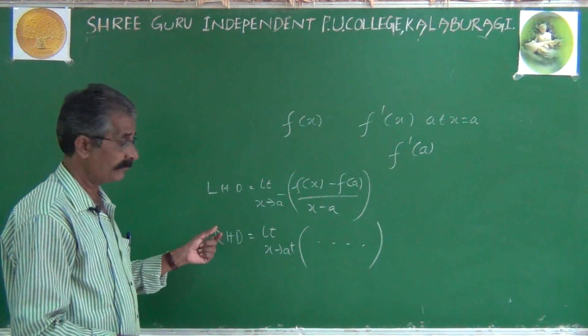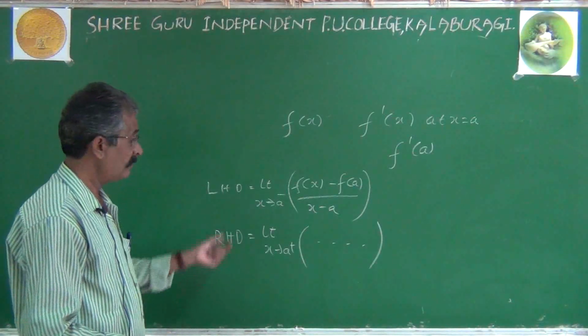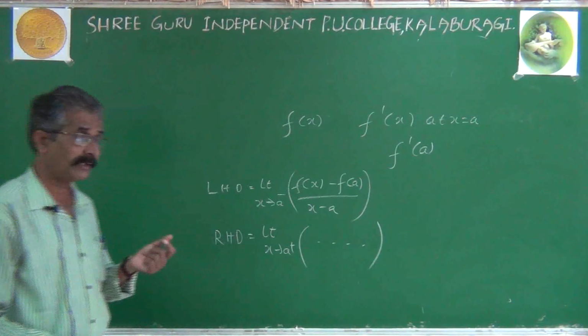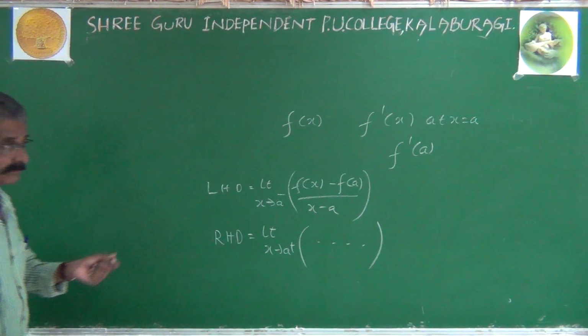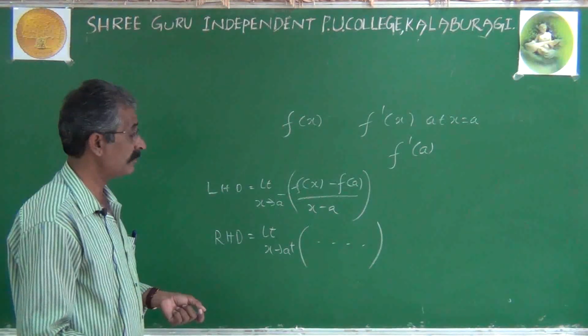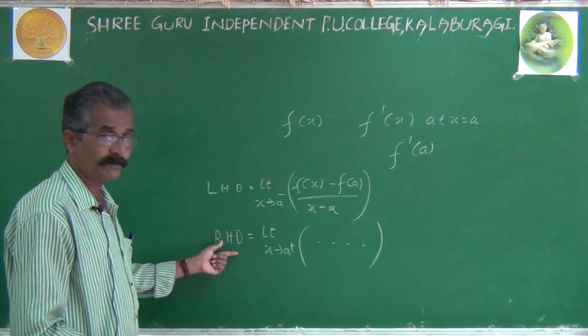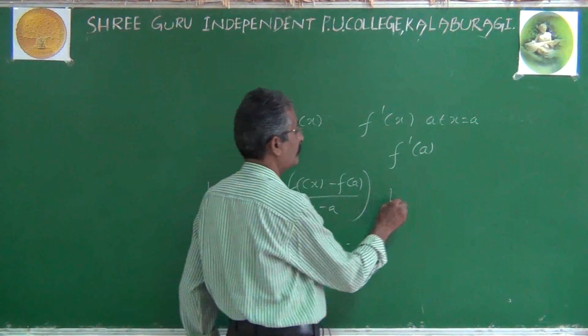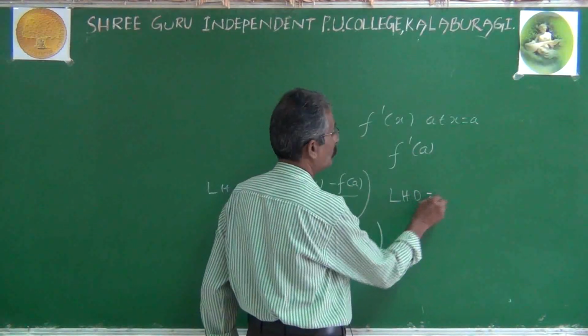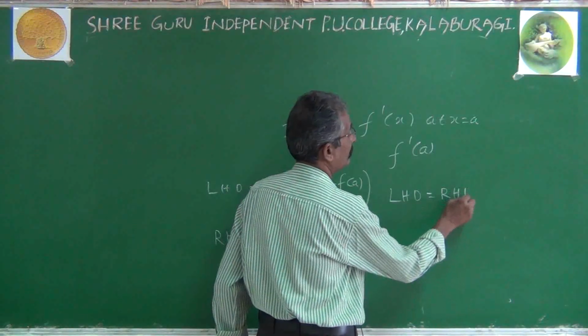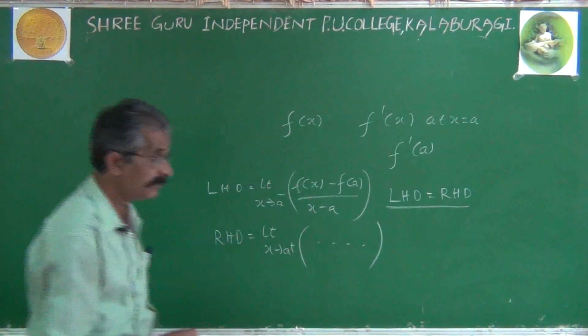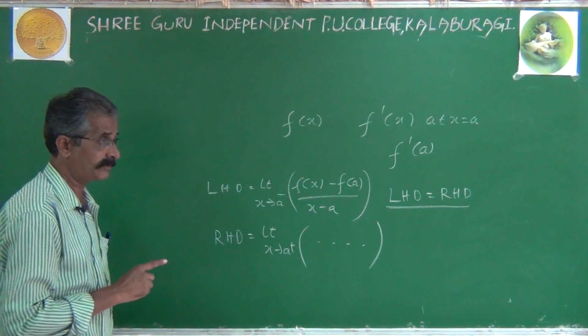For RHD refer x greater than a, for LHD refer x less than a. And further, for a function to be differentiable at point x equal to a, obviously LHD must be equal to RHD. So if LHD equals RHD, then the given function will be differentiable at point x equal to a.